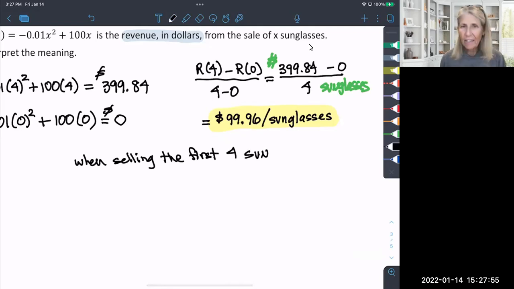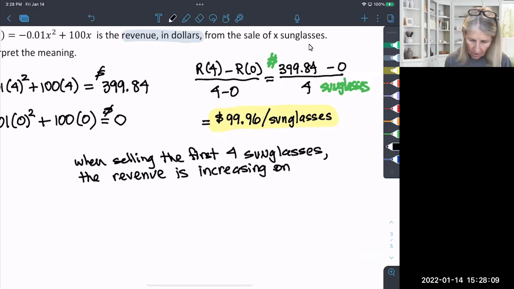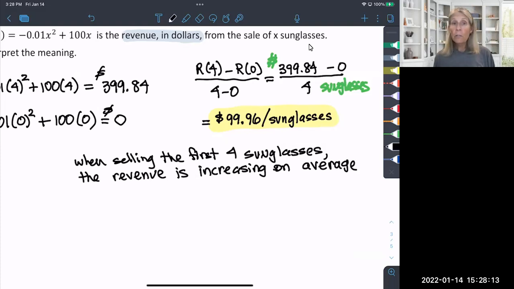That sounds better than saying from 0 to 4. When you sell the first 4 sunglasses, the revenue, because that's what this is going to be, is increasing because it's positive on average. Okay, so this is good news if you're the one selling the sunglasses. Really fast. This is a big number for the slope.